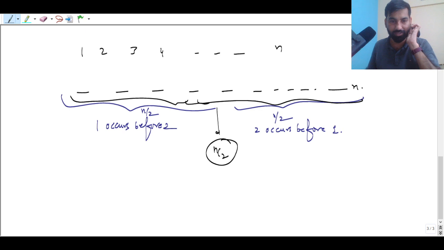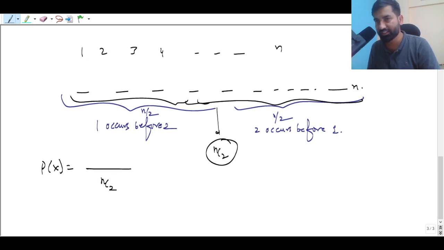What we are trying to convey here is, if you want to find the probability of x, nC2 ways is there, and nC2 by 2 will be the favorable event, and this is the total outcome. This is the favorable outcome.